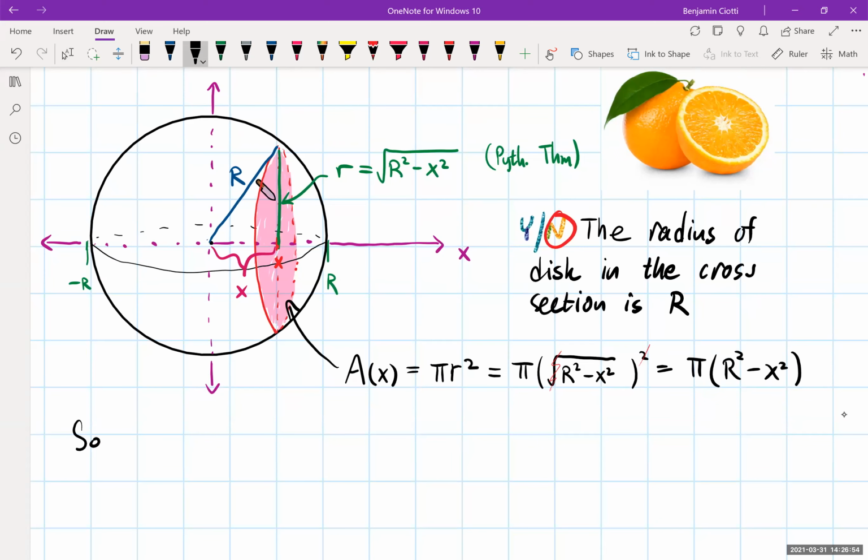So the volume of the sphere would be the integral. Let's see, the minimum x value is negative R, the maximum one is R, so it'll go from negative R to R. The cross-sectional area was just calculated to be capital R squared minus x squared.